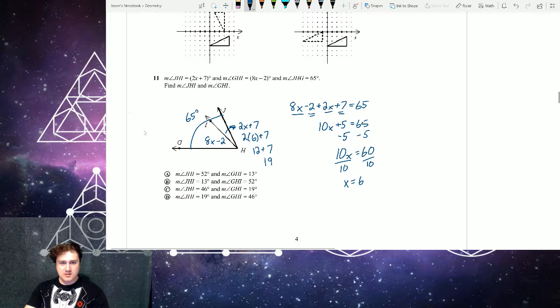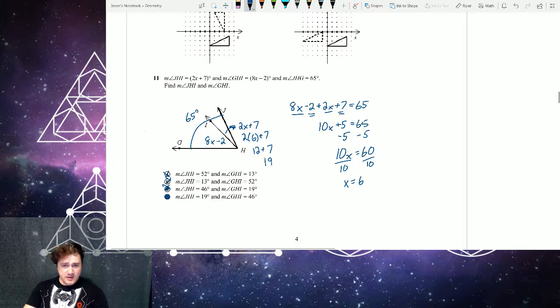Alright, so that eliminates A, B. Alright, and we have a 19 on both of these, but we can even already tell JHI is the one that's supposed to be 19, not GHI, so it should be D. Alright, so D is the correct answer, but we can still double check to make sure that we did everything right.